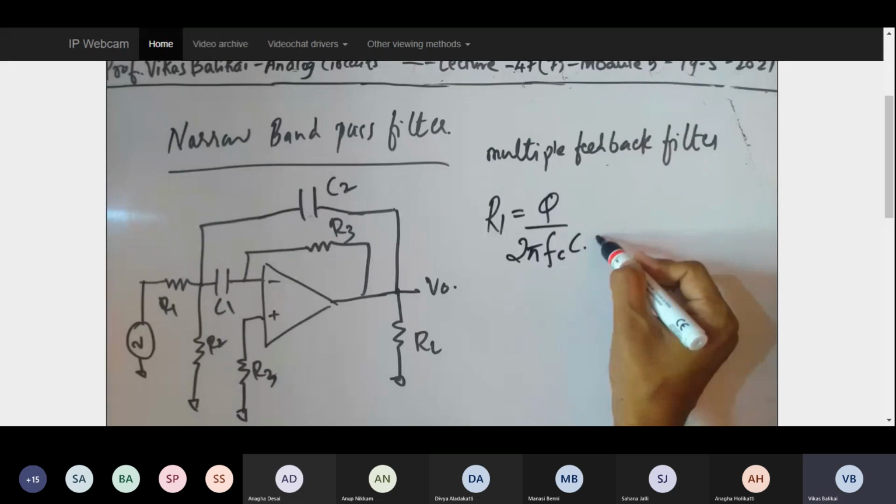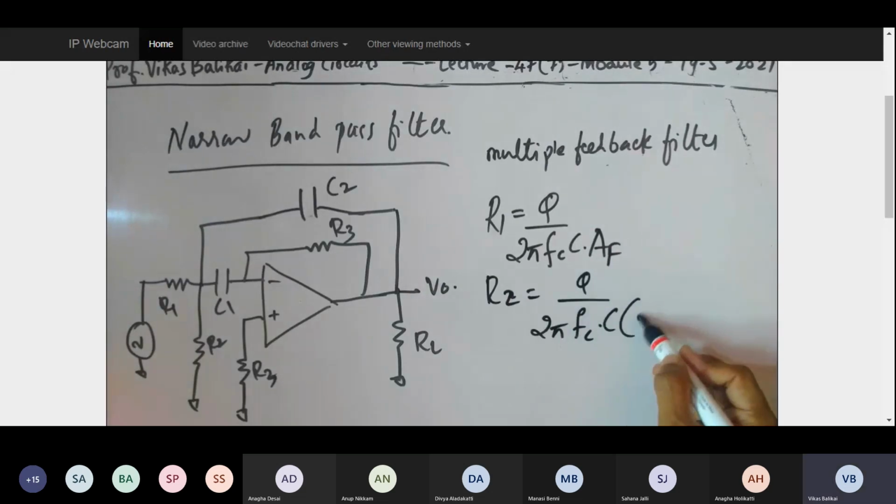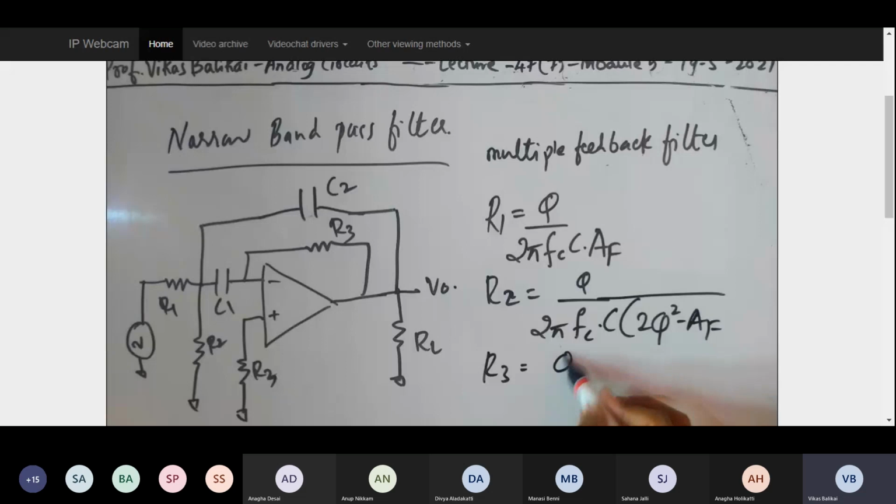Then R2 is given by Q divided by 2 pi Fc multiplied by C times (2Q square minus AF). And R3 is given by Q divided by pi Fc times C. So these are the three formulas that you are supposed to remember.